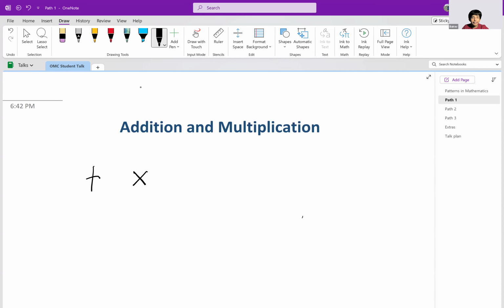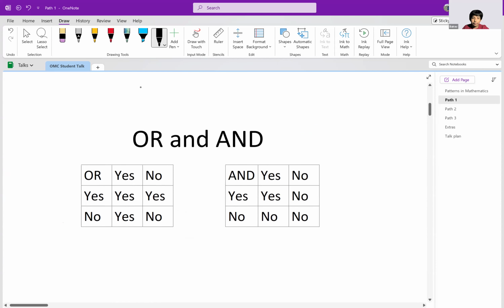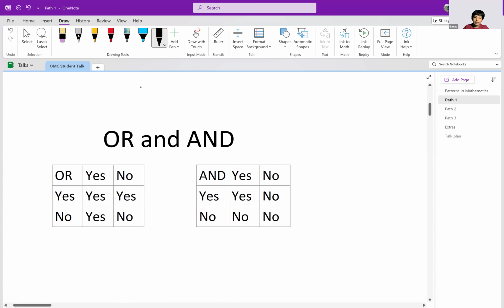This is certainly the simplest I could think of: what if we consider OR and AND, because we can see it's sort of like addition and multiplication. All these formulas about A and B union C, it is sort of like that.